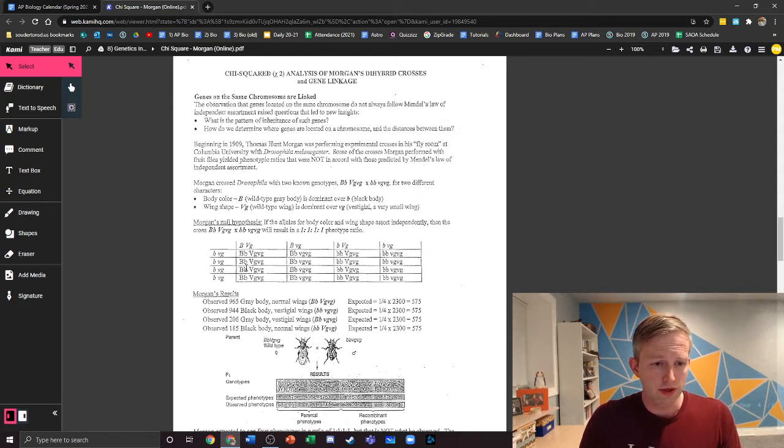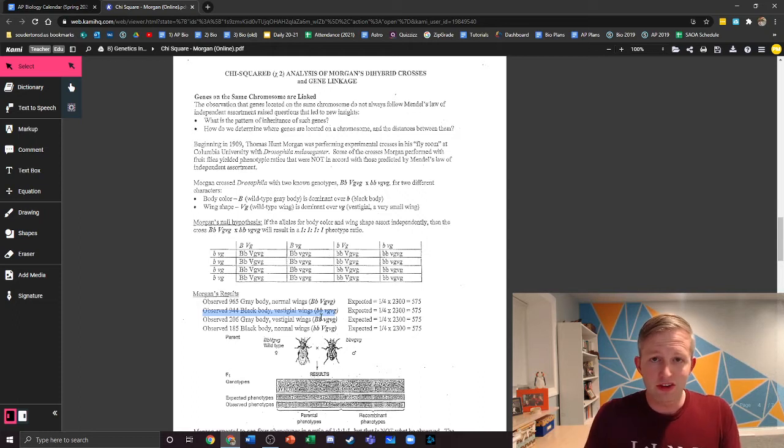And therefore the expectation was that, okay, if these are on the same chromosome, the same thing that's actually being passed forward, then we should only see either gray body and normal wings because they inherited both the large B and the large V, or we should see the other half being black body and vestigial wings because it passed on the small b and the small v.